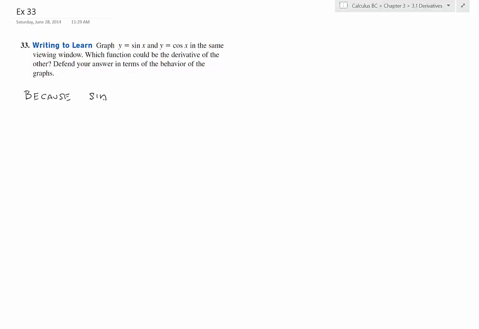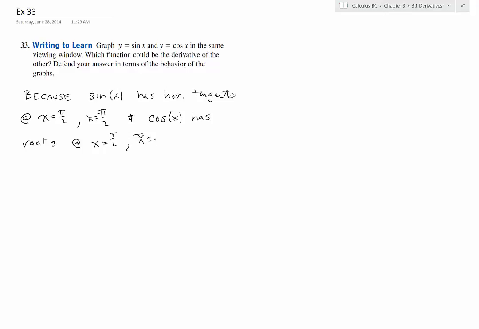Because sine of x has horizontal tangents at x equals pi over 2 and also at x equals negative pi over 2, and cosine of x has roots at x equals pi over 2 and x equals negative pi over 2.